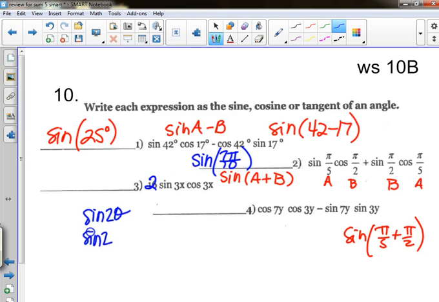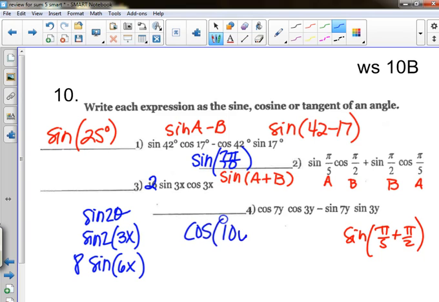So this would be the sine of 2 3x's or the sine of 6x. This one would have expected you to put an 8 out front. I didn't put one like that on the quiz. If it's on the quiz, it has a 2 there, okay? So you know to look. Cosine, cosine minus sine, sine. Cosine, cosine minus sine, sine is cosine A plus B, which in this case would be 10y. Are we good? Okay.